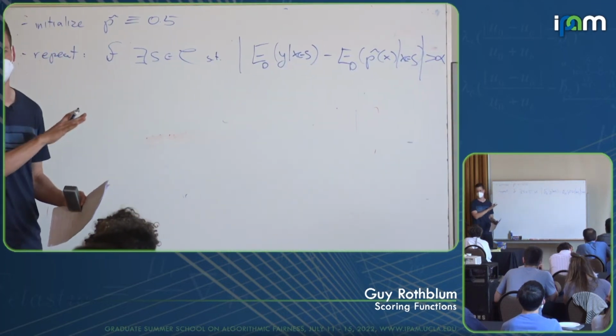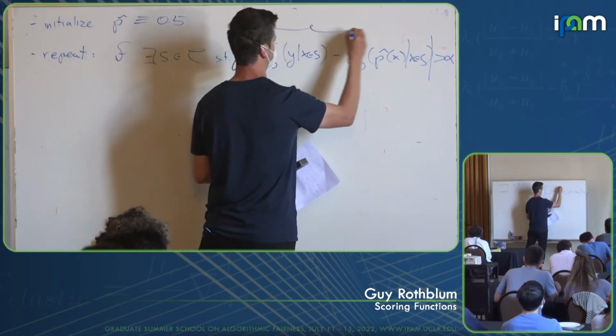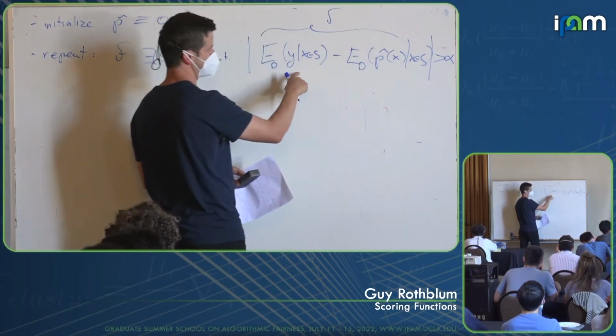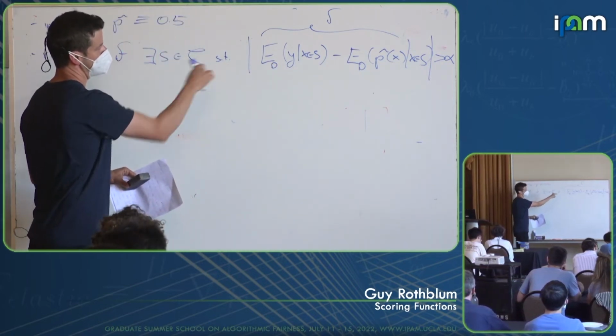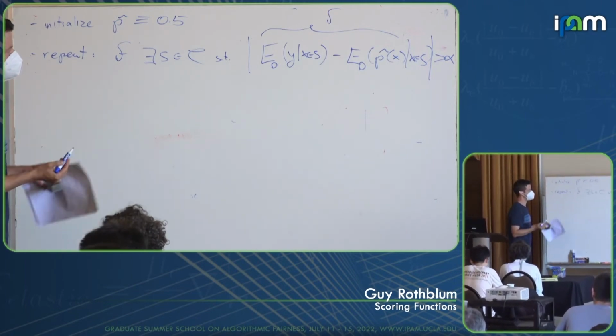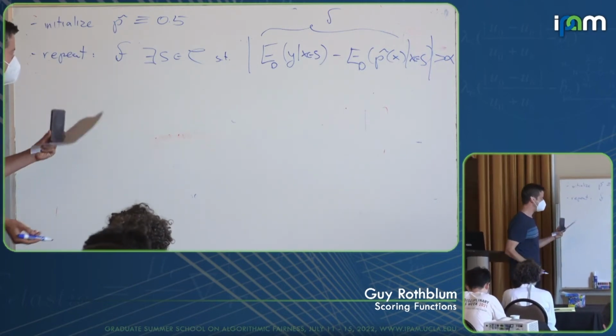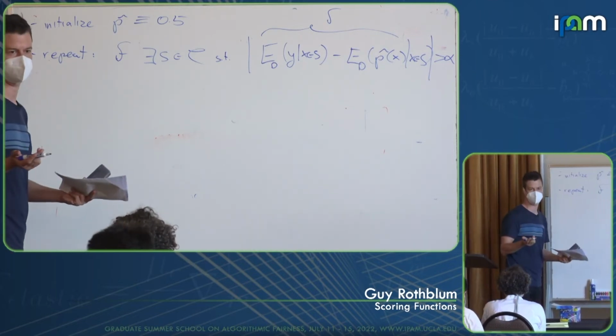We're not multi-accurate, we need to correct the predictions. I'm going to call this quantity delta, the signed difference between the true expectation and the current expectation of P tilde. So if the absolute value of delta is larger than alpha, we need to update our predictions. How should we do it?